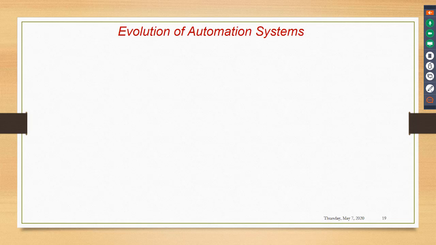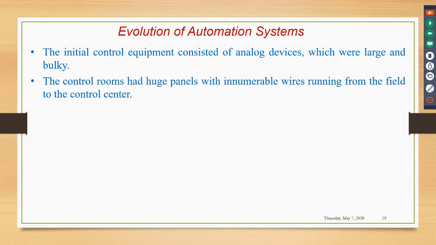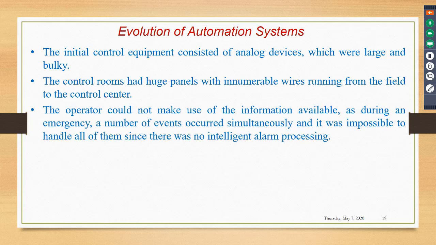So now we'll come to our main agenda of this talk, that is the automation system. This evolution happened gradually. The initial control equipment consisted of analog devices which were large and bulky, and the control rooms were usually very huge, having huge panels with innumerable wires running from the field to the control center.